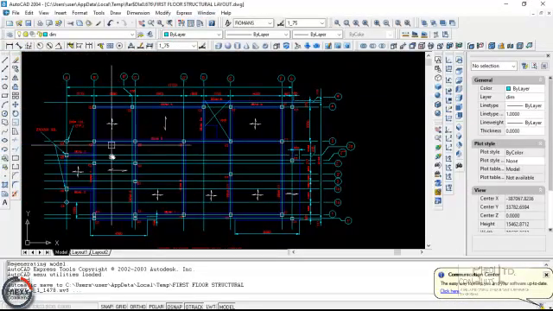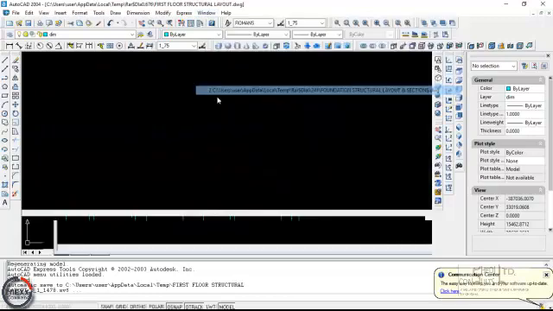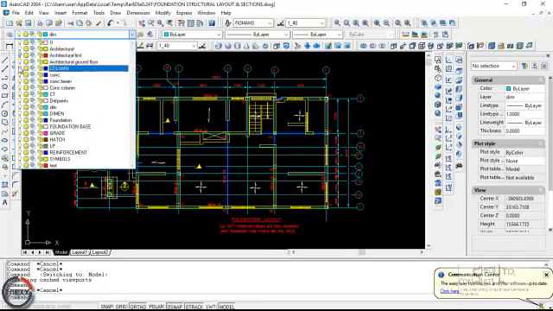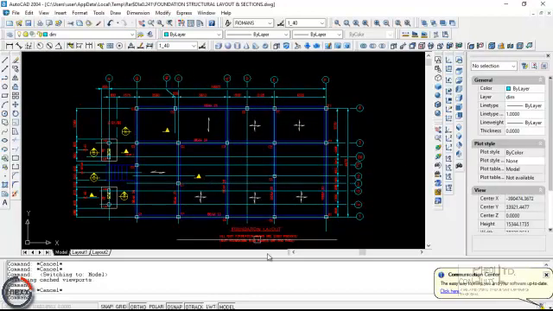So you have grid beams 1, 2, 3, 4, and 5. Sorry, that's the first floor. This is the foundation layout. So let's look at the grid beams. You have 1, 2, 3, 4, and 5. These are the grid beams.